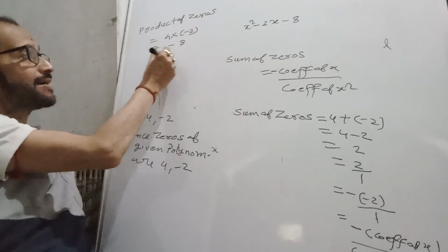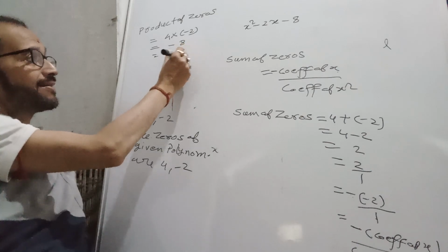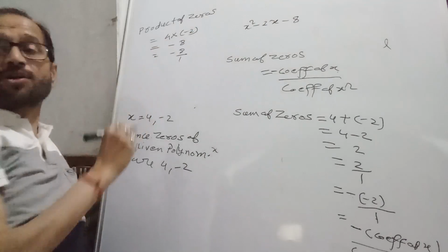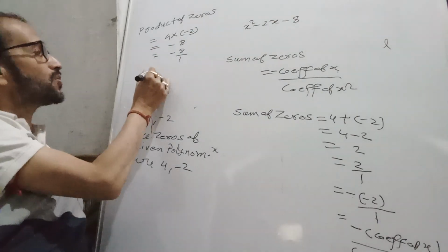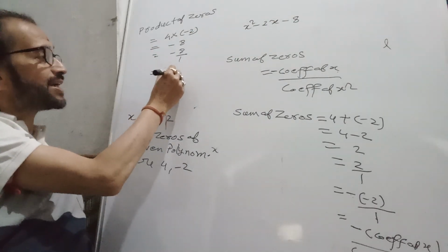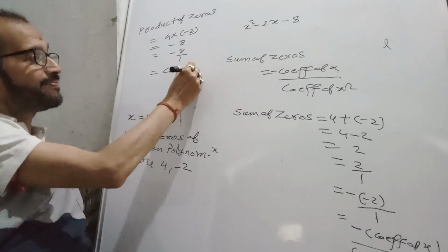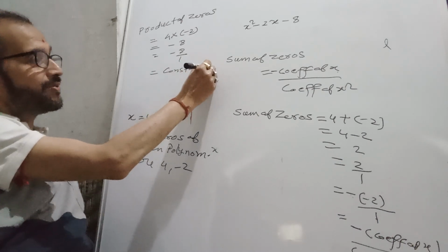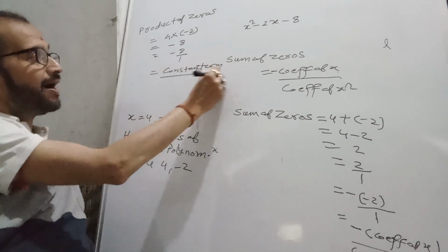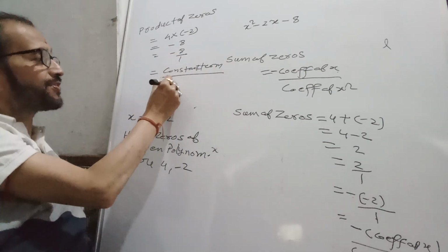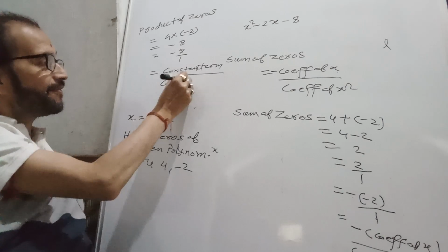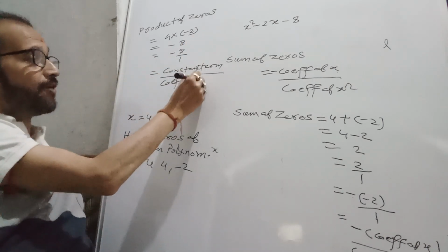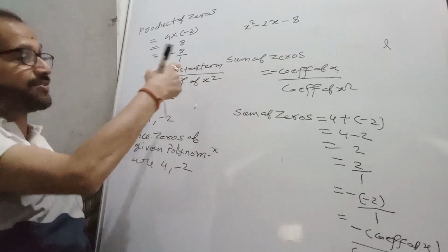You can write it minus 8 by 1. And what is minus 8? Minus 8 is the constant term. So you can write constant term upon coefficient of x square, 1 is the coefficient of x square. It is the formula.